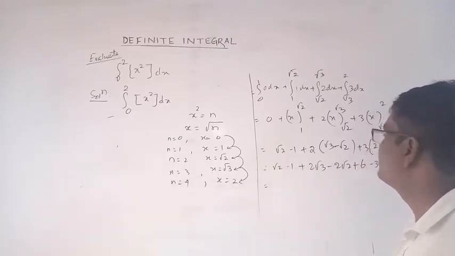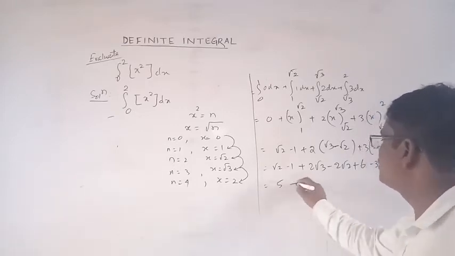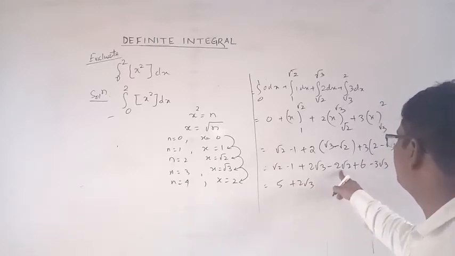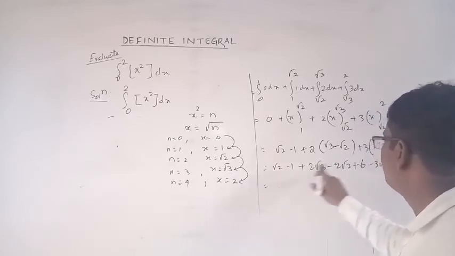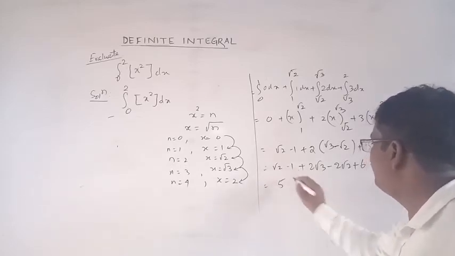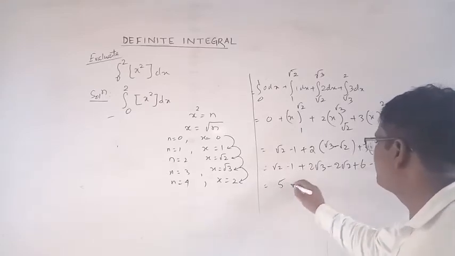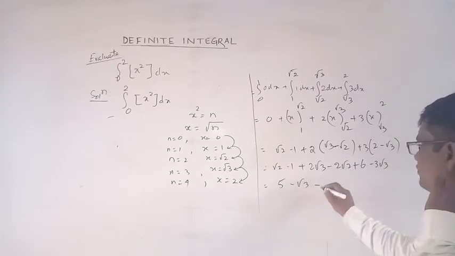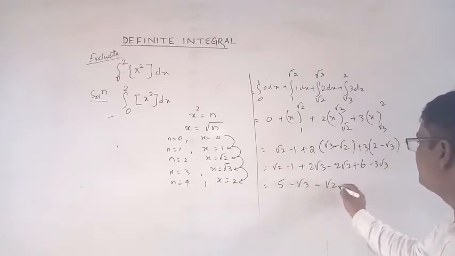So this is 5, plus 2√3, minus √2, and this is 6 minus 1, that is 5. This is 2 minus √3, minus 3√3, and this is minus √2.